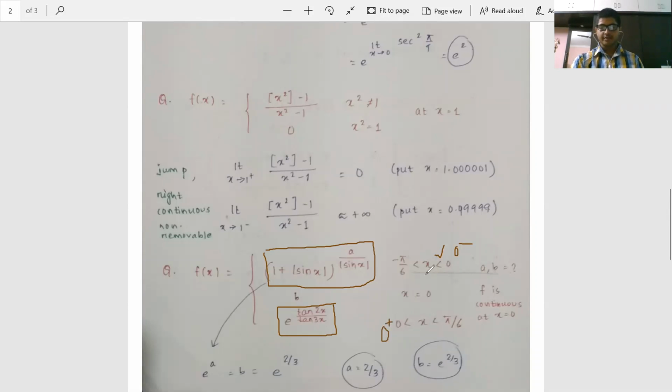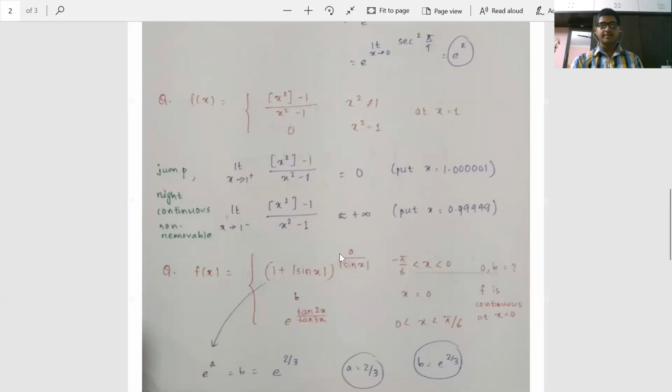So if you evaluate the limit as x tends to 0 of this, it is going to be e power a, again a 1 to the power infinity type of form, and the function value at 0 is b. I am equating that to the right hand limit, e to the power tan 2x by tan 3x. We have solved this type of question, so this is going to be e to the power 2 by 3. So comparing the values, a is going to be 2 by 3 and b is going to be e to the power 2 by 3.